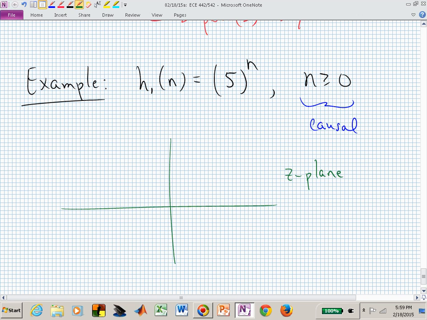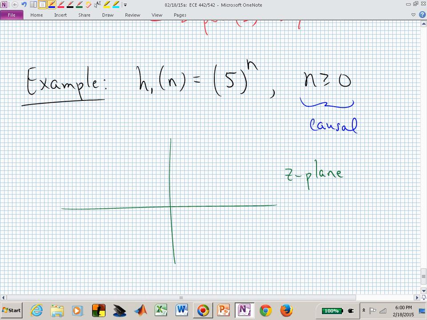Does this signal have a z-transform? This is r to the n. R can be any number, can't it? And it has a z transform, z over z minus r. That's fine. R can be bigger than 1 and it still has a z transform. But what's the pole zero pattern look like for this signal? Where's the pole going to be?